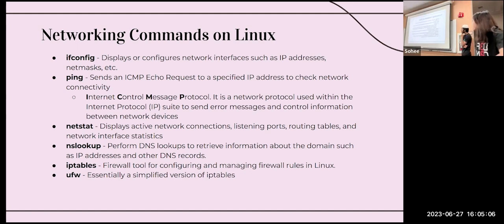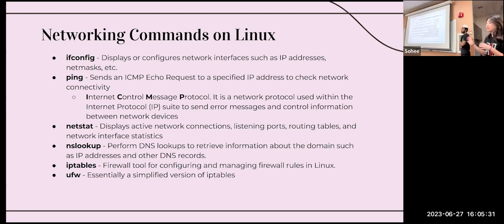Okay, and so these are the network commands that we didn't mention in our intro to Linux slides, but these are a few of them. We have iptables and UFW there, but these are some really good ones to know. There's ifconfig, which displays or configures network interfaces such as IP addresses, netmasks, things like that. And then there's also ip a, which I most often use, ip space a.